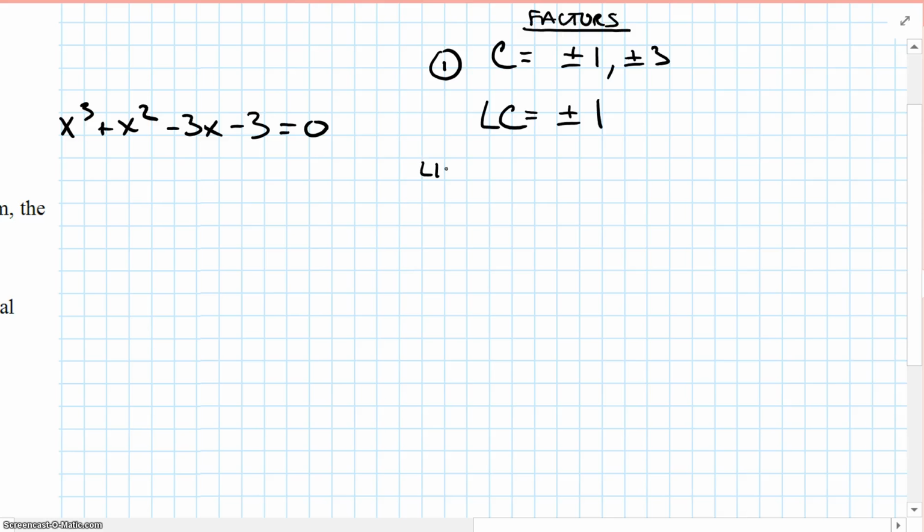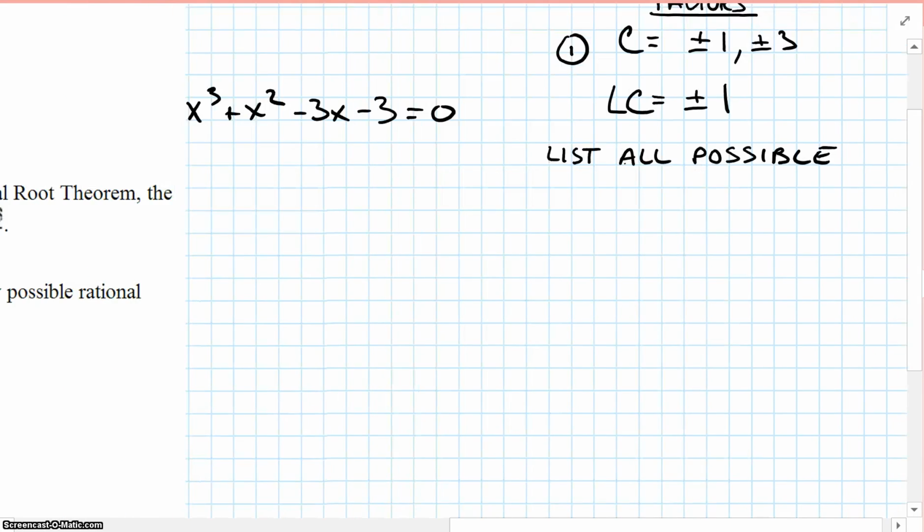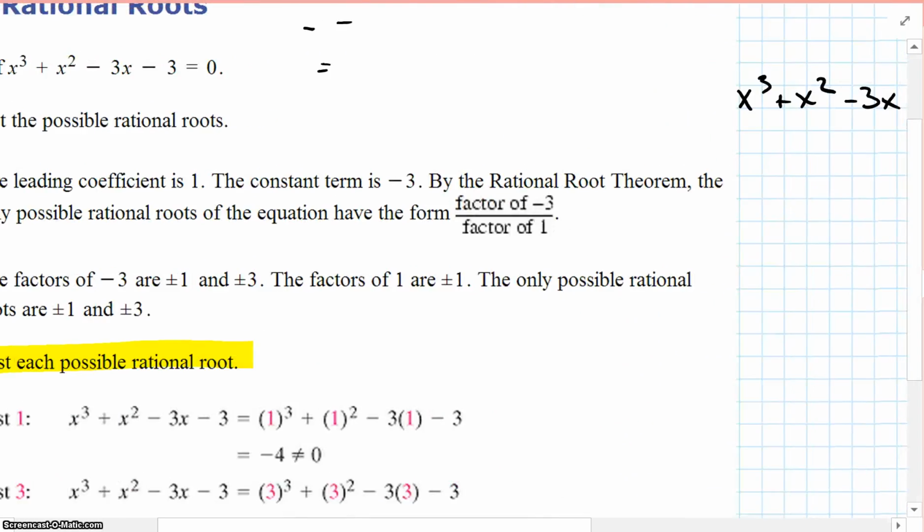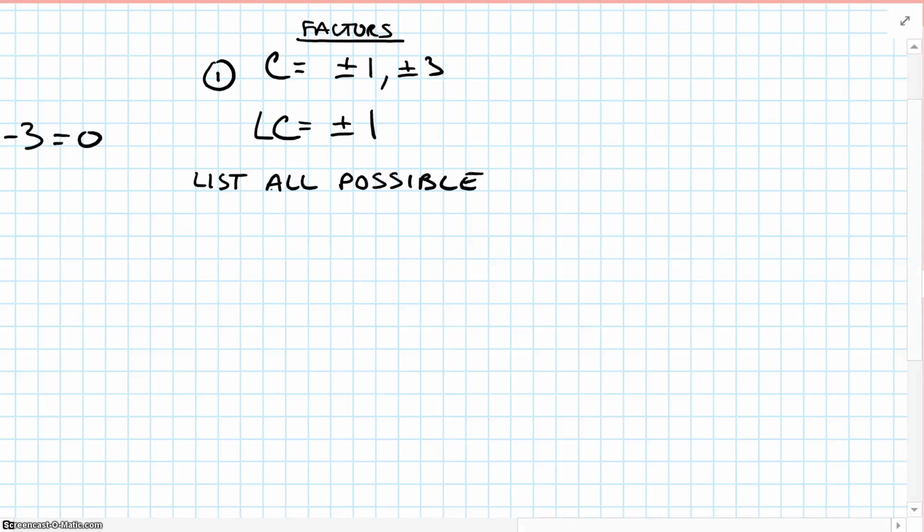So let's list all possible real or rational factors.